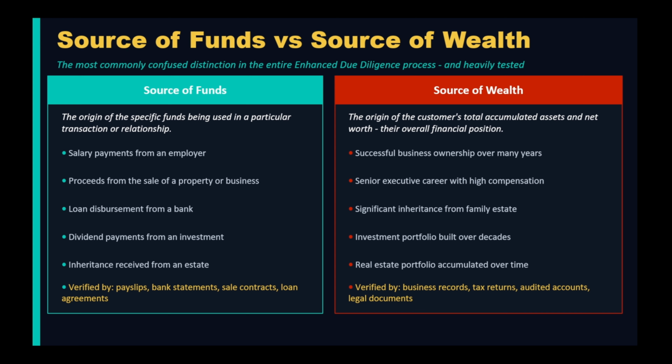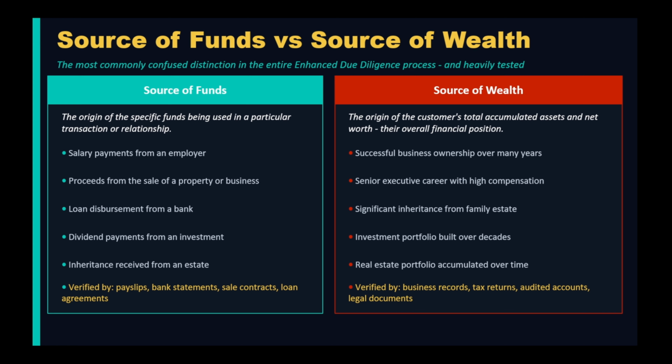Examples of source of wealth include successful business ownership over many years, a senior executive career with high compensation, a significant inheritance from a family estate built over generations, an investment portfolio accumulated over decades, or a real estate portfolio developed over time. Source of wealth is verified by business records, audited financial statements, tax returns, legal documentation of inheritance, or professional valuations.